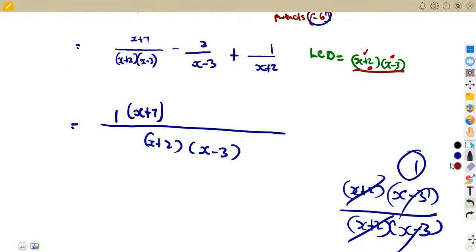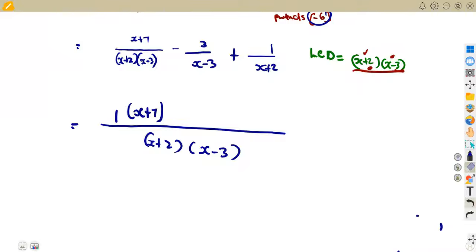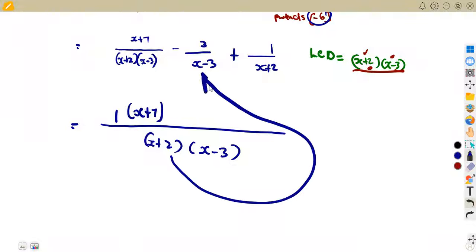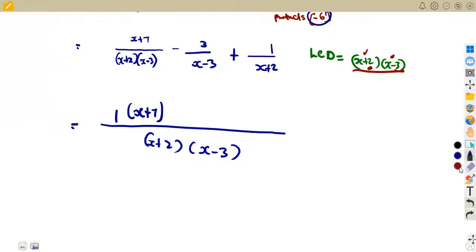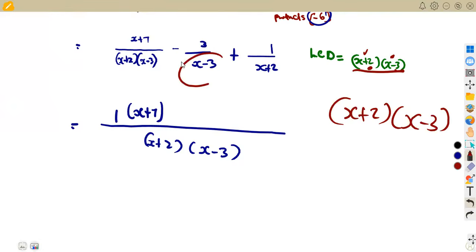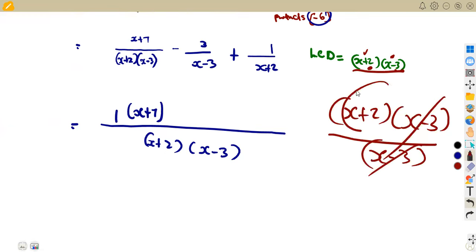Then we move on to the next part of the fraction, where we've got a negative. Like I said, the LCD is divided by the denominator. Our LCD is x plus 2 into x minus 3, and we divide by the denominator, which is x minus 3. The x minus 3 cancels, and you remain with x plus 2.